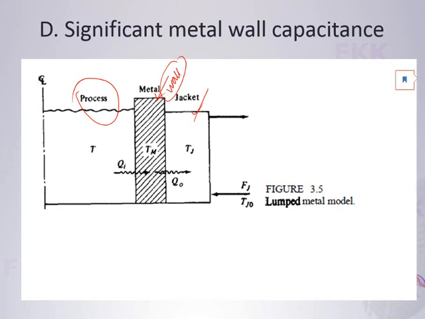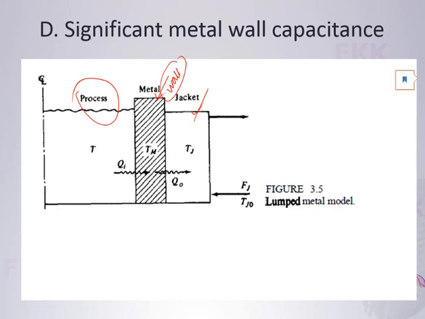And the last one is when we assume everything is a lump. Okay, so in that case we are considering the effect of the metal wall through the modeling. For the last 3 sections that we have done, we do not actually consider anything on the effect of the metals.